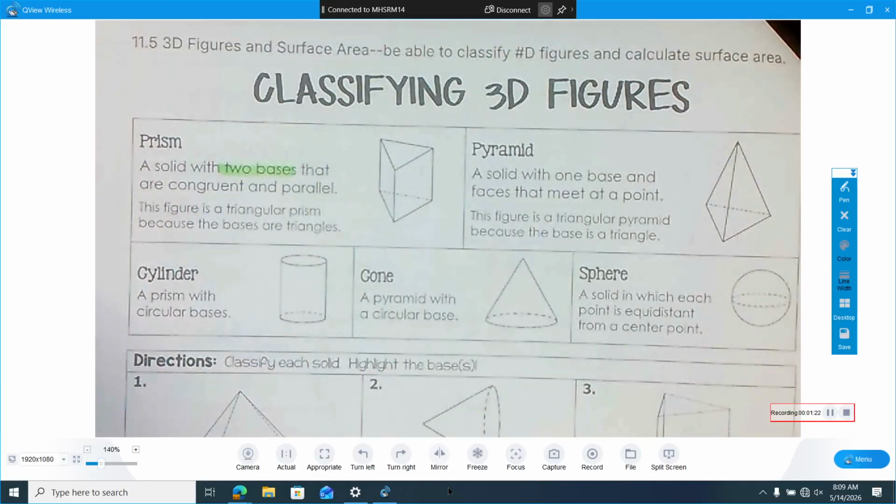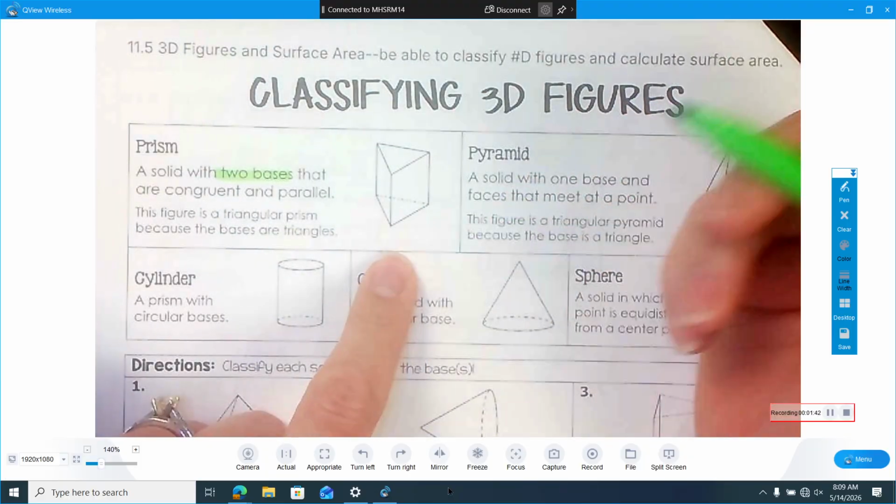It's not the bottom. These are the two congruent bases. This one has hexagons, okay? Whether I hold it this way, these two hexagons are still called the bases. Do we understand?